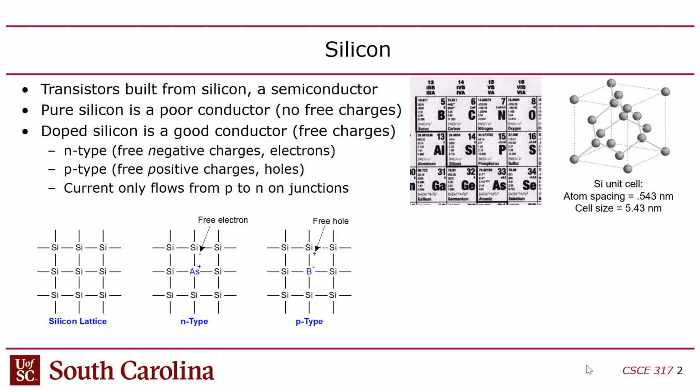Okay, so whether you have holes that can move around or electrons that can move around, those act as charge carriers. The thing that makes them move is the current that you want to send through the semiconductor. It's kind of like air, which doesn't conduct electricity.